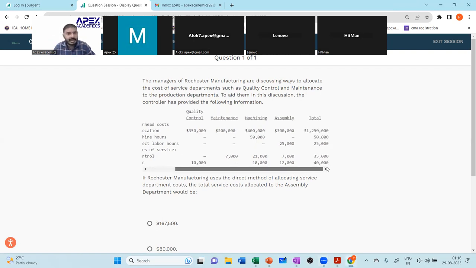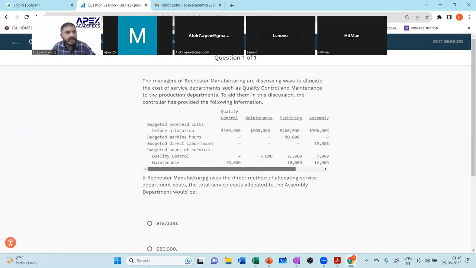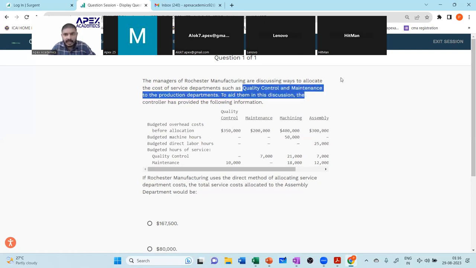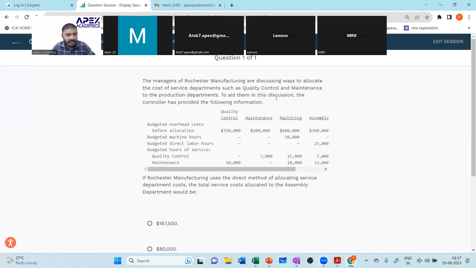Look at the question. The managers of Rochester are discussing ways to allocate the cost of service departments. I had given this on an Excel sheet when I was in New Delhi itself, but for my peace of mind, I'm calculating it. The service departments are quality and maintenance.